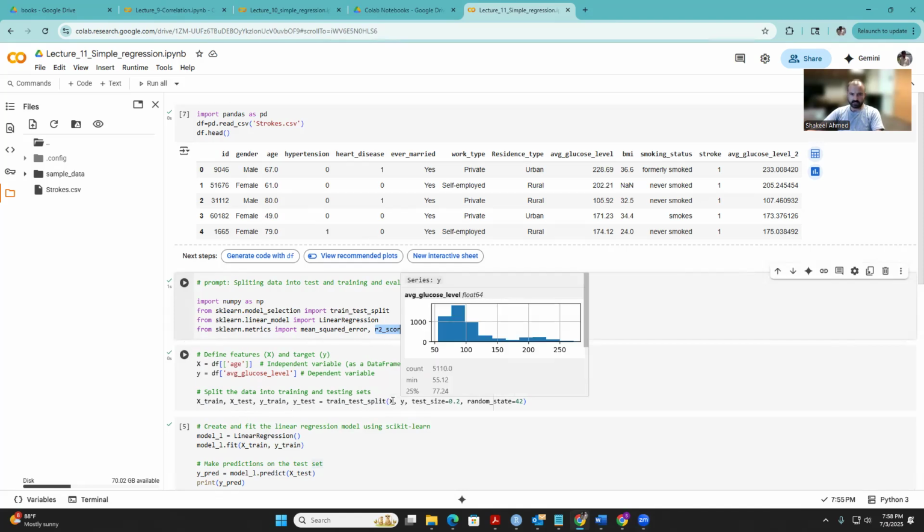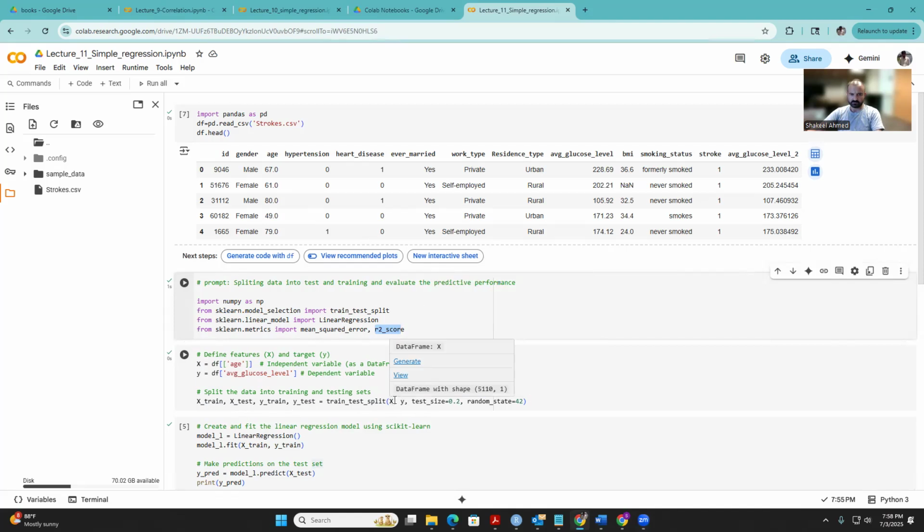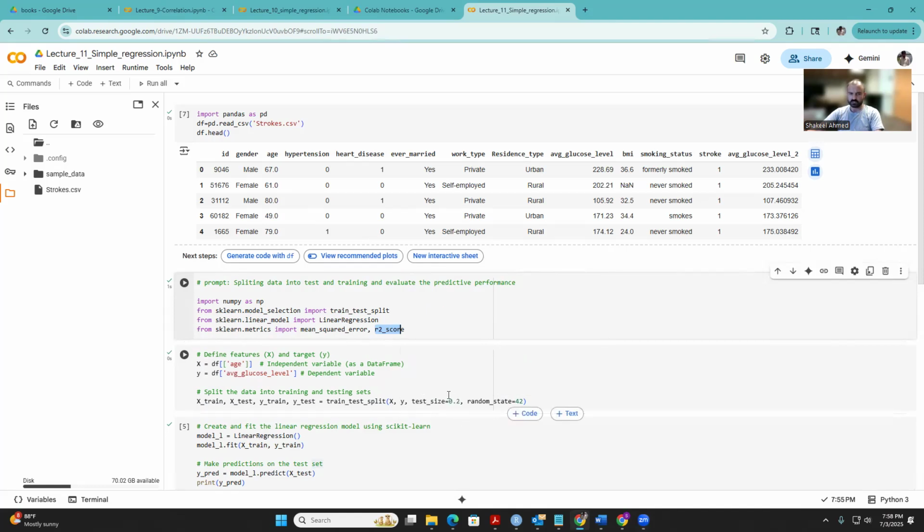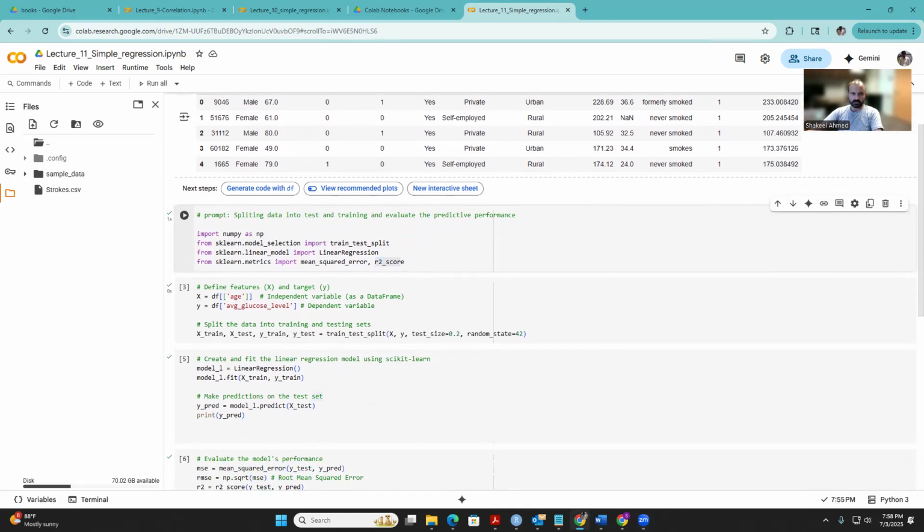The test size is 0.2, which means we are keeping 20% of the observations in our test set. And random state means we are setting the seed as 42 for random number generation.